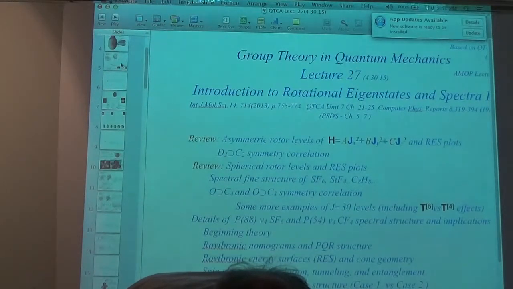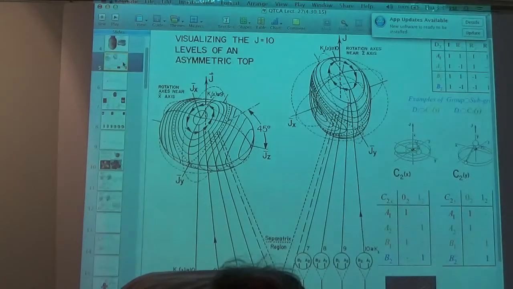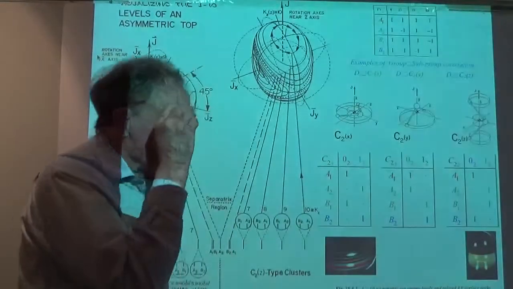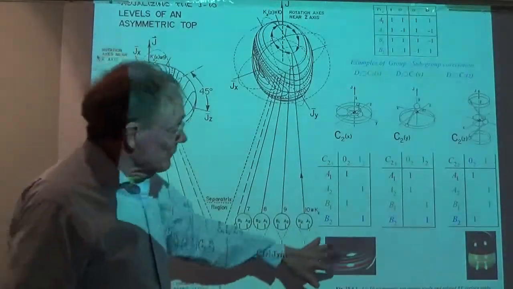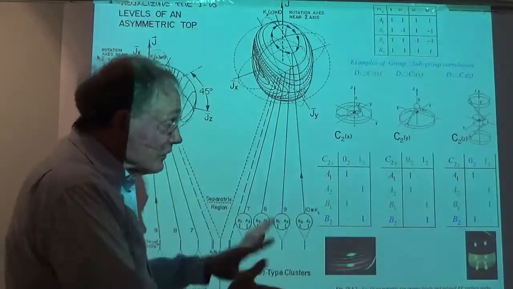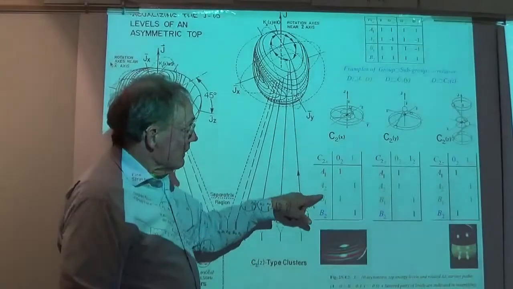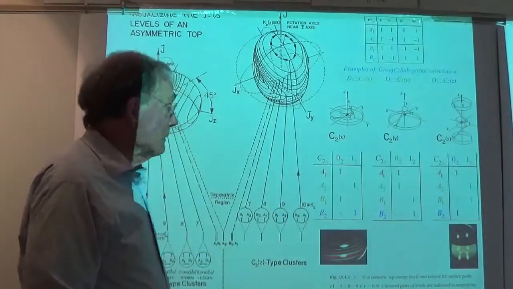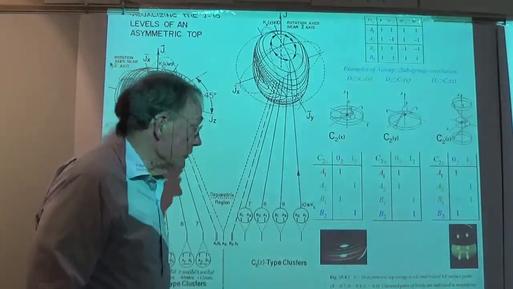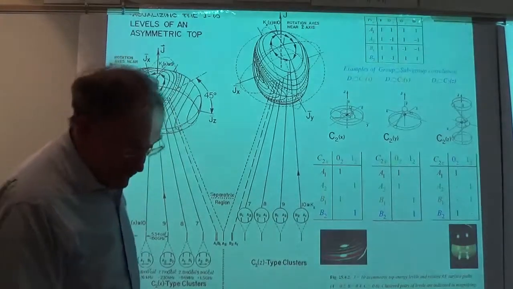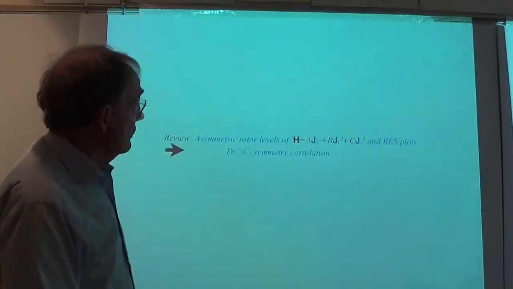Just to review the asymmetric top a little bit, and we'll look at that briefly. As you recall, we're using colors, mixing of colors, in order to show clusters that are mixtures of an irreducible representation symmetry species. That's the thing that I wanted to make sure you saw.